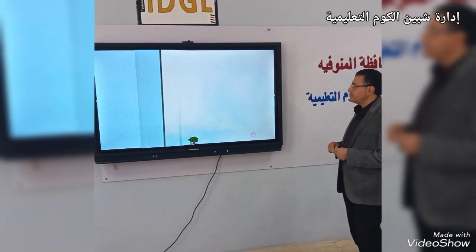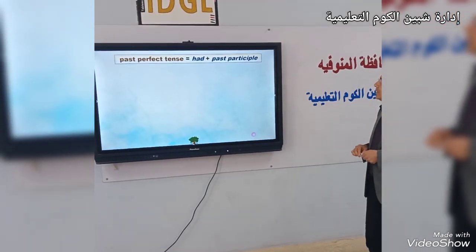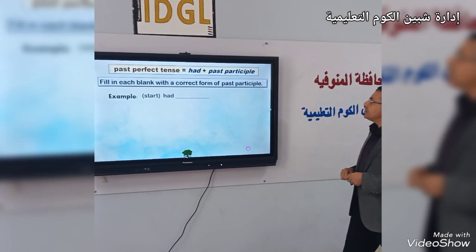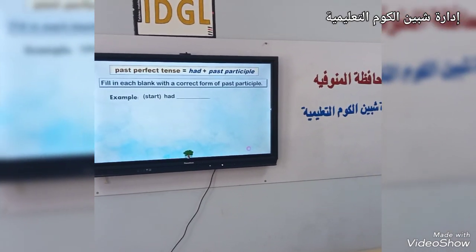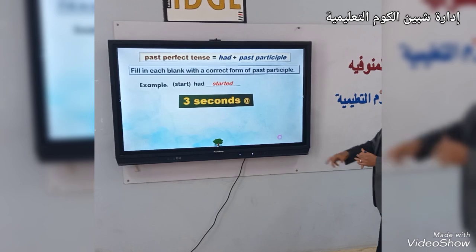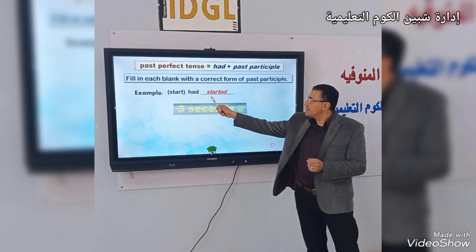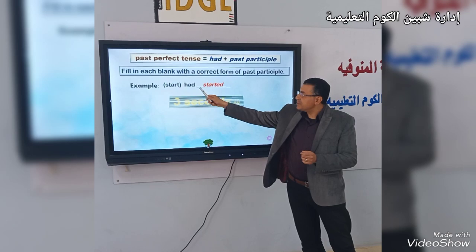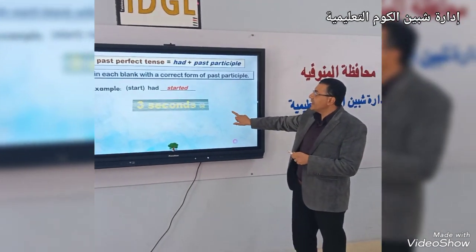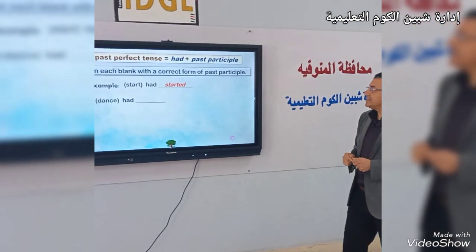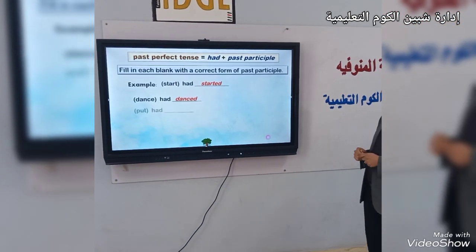But be careful. Past perfect tense: had plus past participle. We will fill the blank with the correct form of the past simple. The word start, how can it be in the past perfect? We use the structure had plus PP3. It will be had started. Dance, had danced.